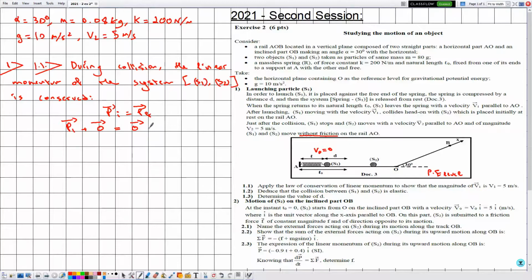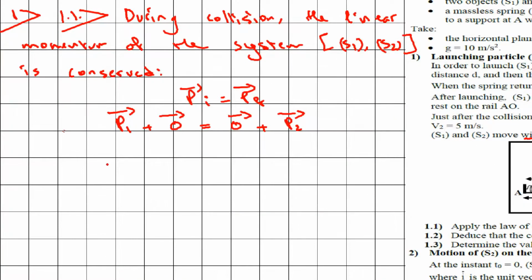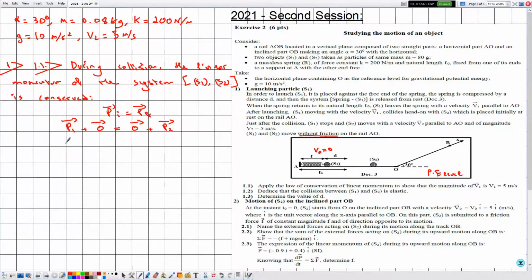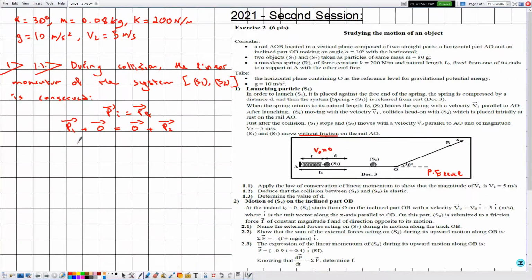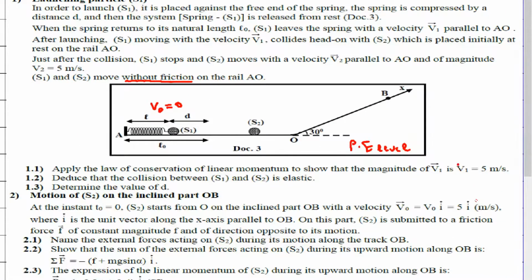For this reason, the linear momentum will be P2. Now let's replace the formula of the momentum, which is m multiplied by v. Both particles share the same mass m. For this reason, we write m v1, which is equal to m v2. And if we refer to the question, they are asking us to calculate the value of v1.